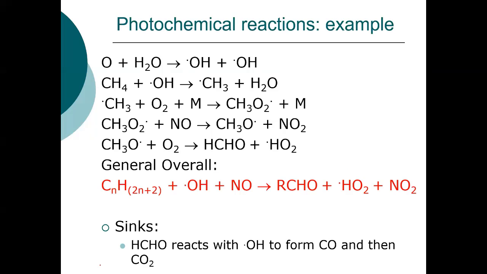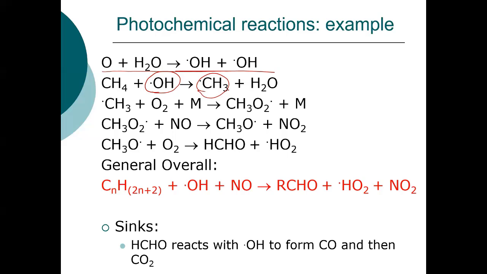So what happens, as I mentioned, we have this reaction here where atomic oxygen reacts with water to form the OH radical. Now, if we have a hydrocarbon, in this case it's shown as methane, that methane reacts with the OH radical to form a methyl radical.